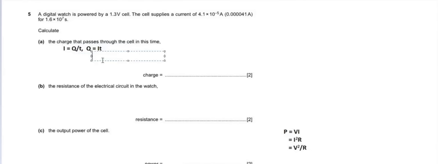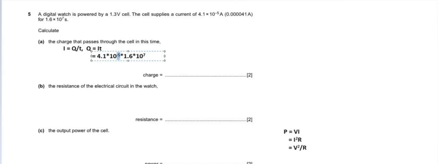Now we will put the value of the electric current and the time. Here the current is 4.1 into 10 to minus 5, and the time is 1.6 into 10 to 7. Both the values are given, and you just have to calculate with the help of your calculator.